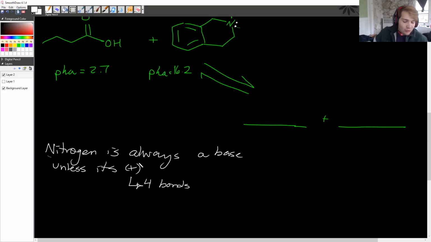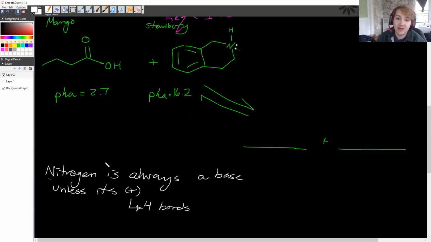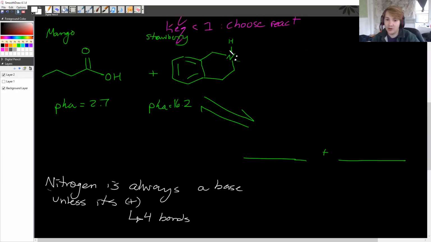The reason this rule of thumb is in place is that nitrogen is a really, really hungry base. It loves hydrogens, especially because it has these nice lone pairs, which are really good at picking up extra hydrogens.